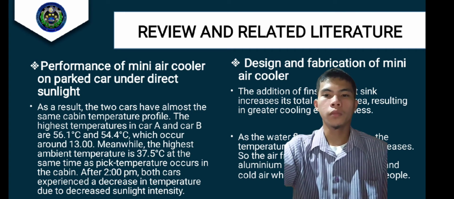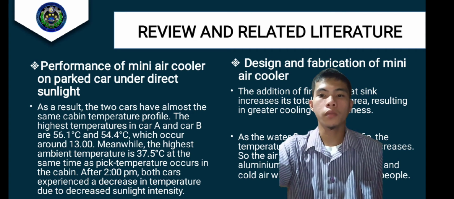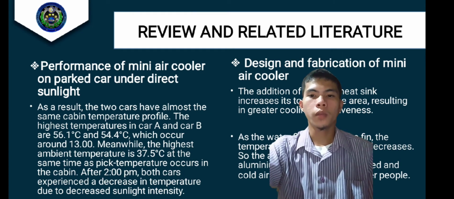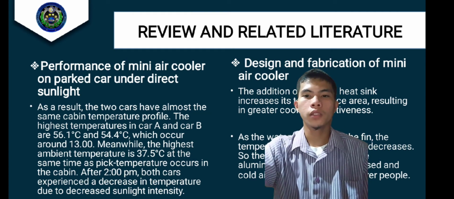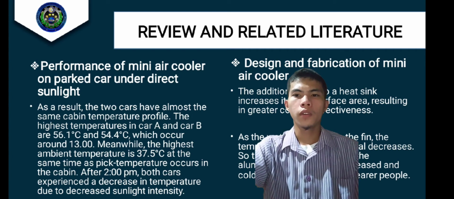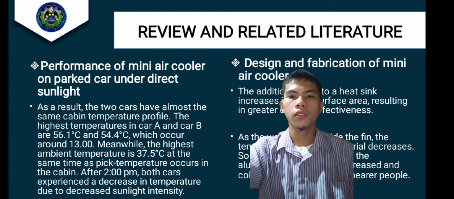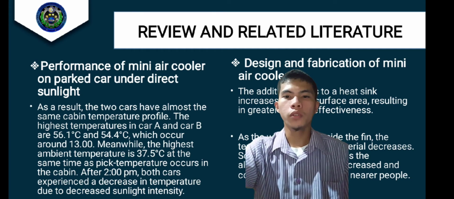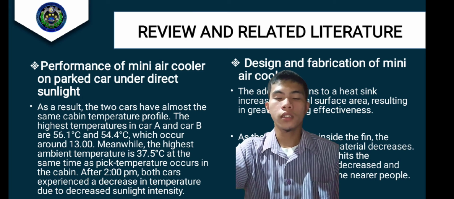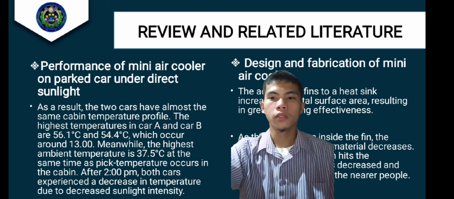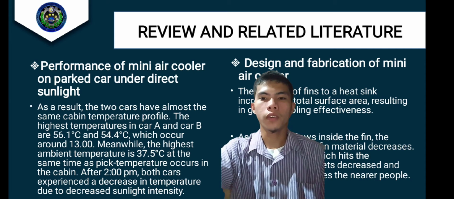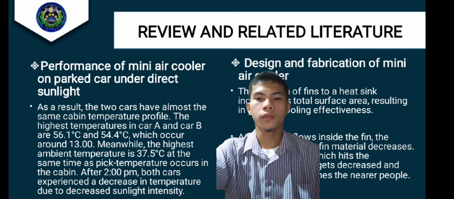After 2 p.m., both cars experience decreased temperature due to decreased sunlight intensity. The mini air cooler placed on the dashboard, powered by a solar cell on the roof of the car, is able to reduce the temperature of the car cabin by an average of 6 K compared to the cabin of a car with the same specification without an air cooler.